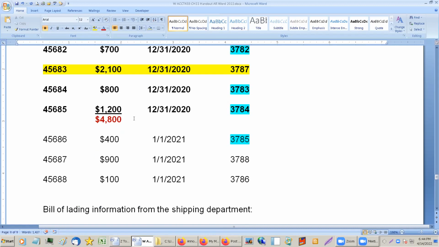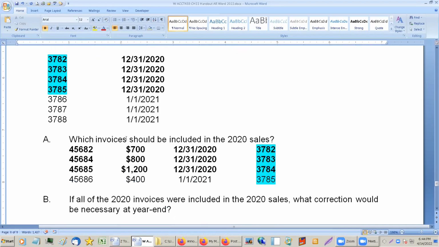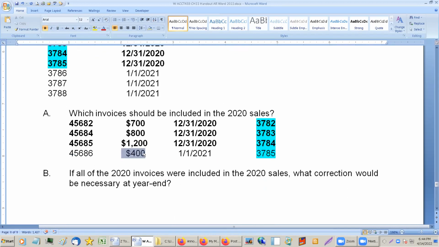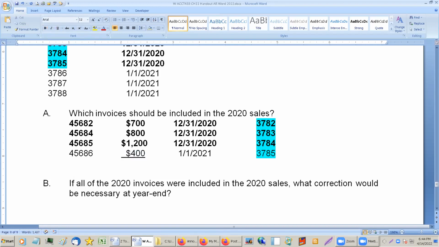Okay, so they had those 4,800 in sales. They should have had, let's add these up. You could also just compare the one that came off and the one that came in, but let me add these up. 700. $3,100.